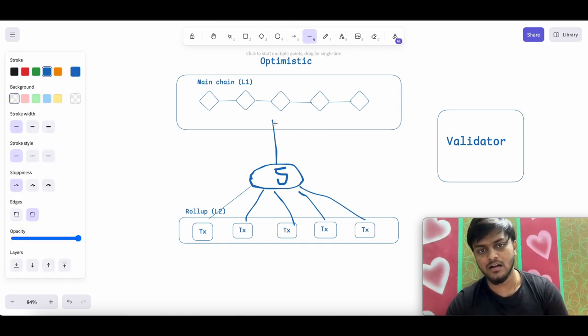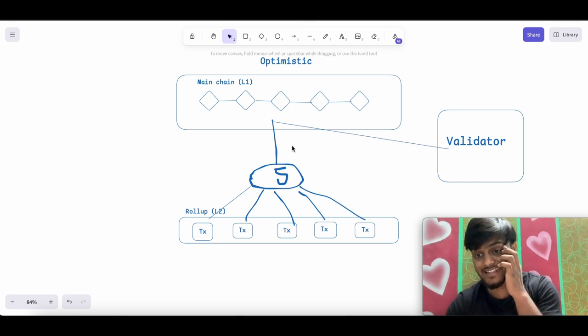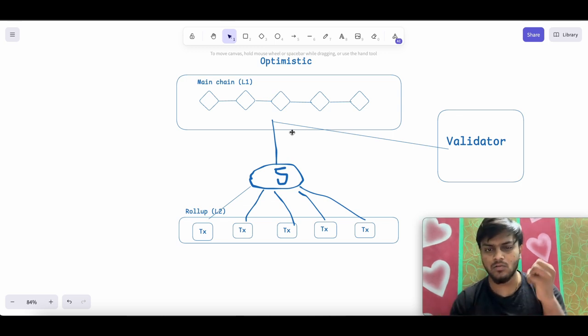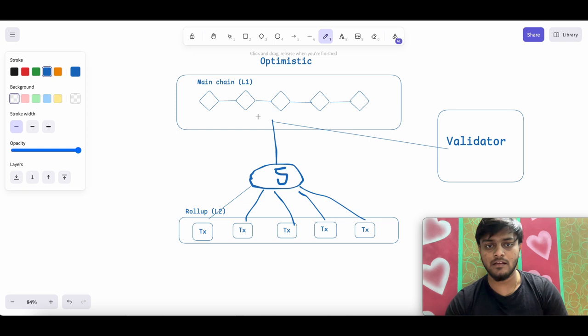If they find any transaction is a fraud, they submit a proof called a fraud proof to L1. Okay, so L1 checks the fraud proof, and then it will revert the transaction.